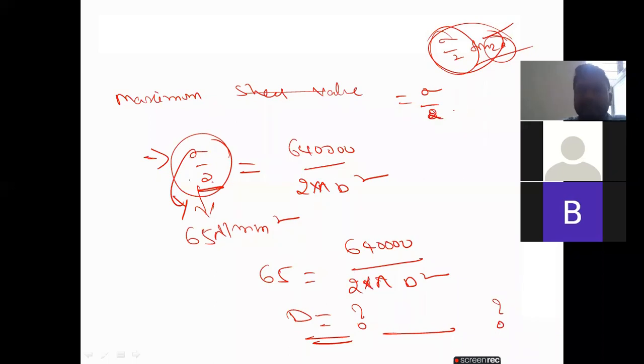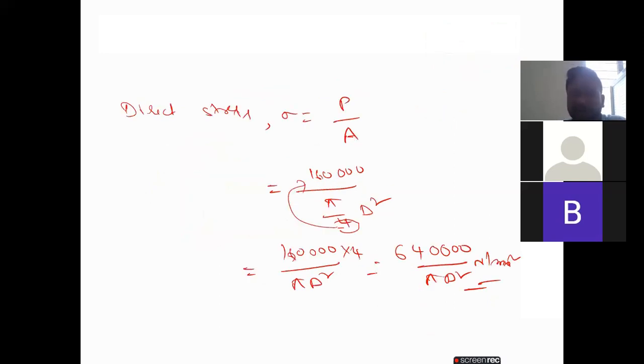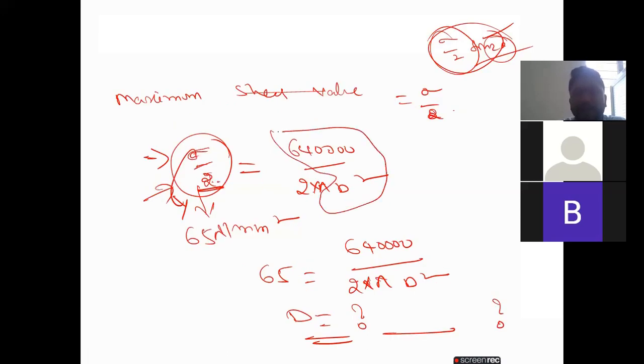Sorry, my dear students, please look into this one. Sigma by 2 is the maximum value. We already know sigma, that is 640,000 by pi d square. Directly I substituted here, 640,000 by pi d square. But again in the numerator 2 is there, so like this. So tell me the answer, the d value.